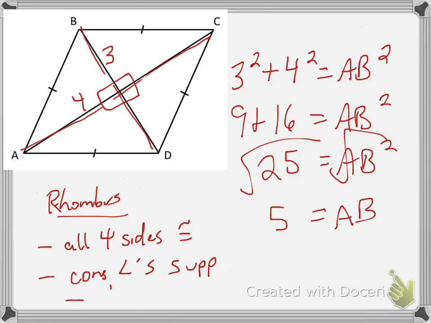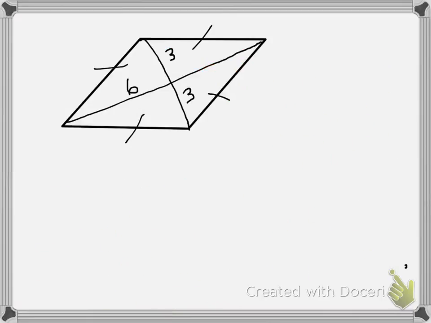So we have perpendicular diagonals, and we have the area equals 1/2 diagonal 1 times diagonal 2. Here's another sample problem.